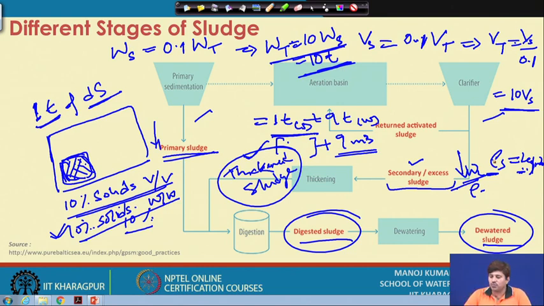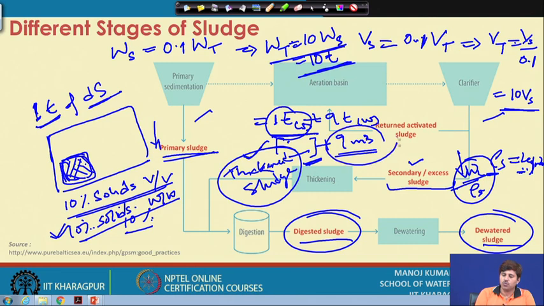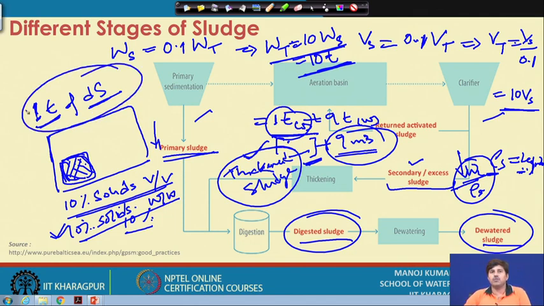So, whatever mass of dry solids we have, if we divide it by the density we will get the volume, and that way we can compute the total volume. Out of that we know that 9 meter cube is occupied by the water. So, the volume occupied by the solids in percentage, that also we can determine.